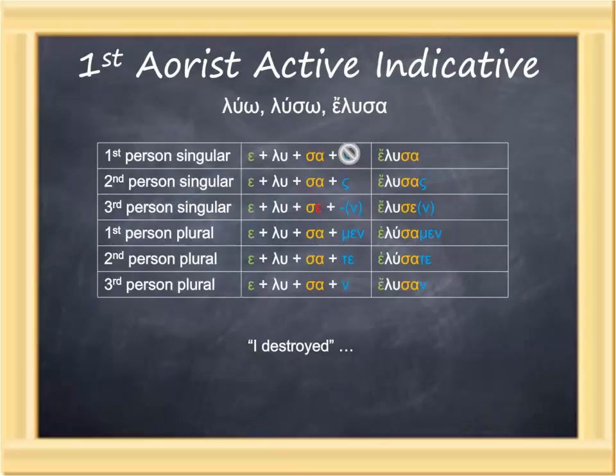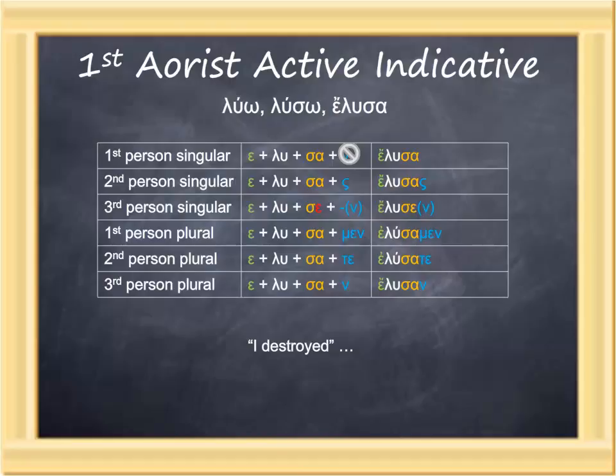In this chart, you see the forms of the verb luo in the first aorist. The middle column shows the augment, the aorist active stem, the tense formative, and the secondary active endings. Two things of note.